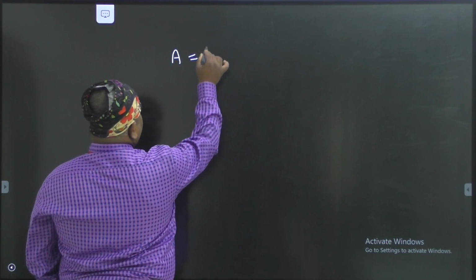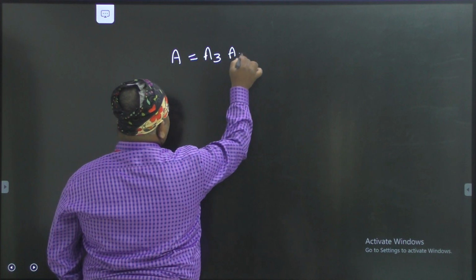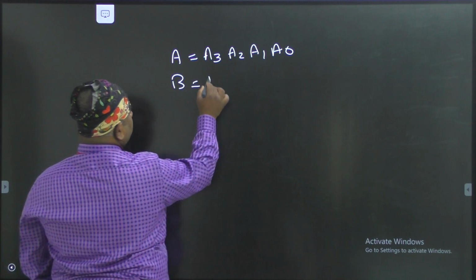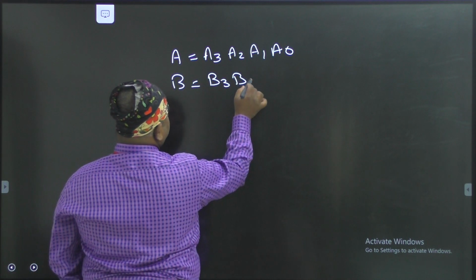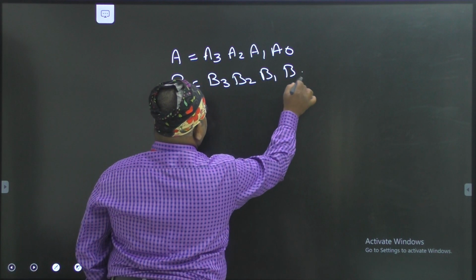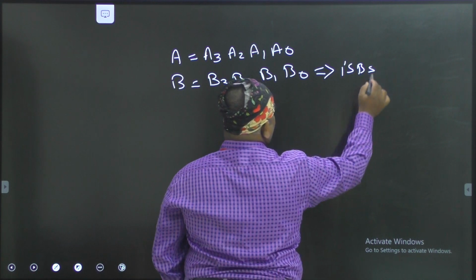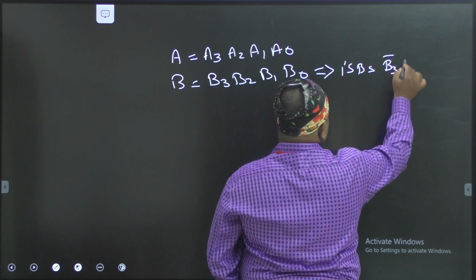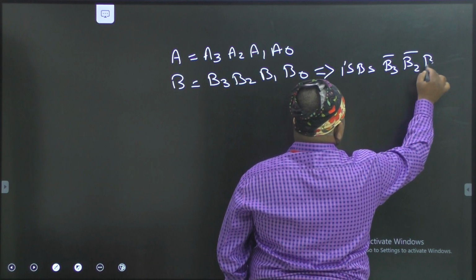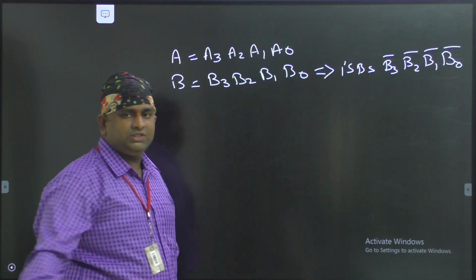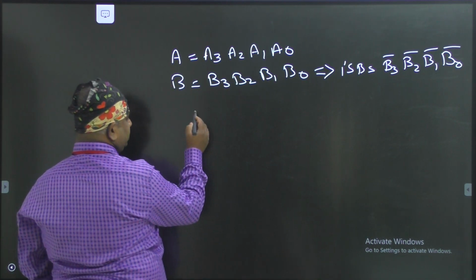A is equal to A3, A2, A1, A0. B is equal to B3, B2, B1, B0. Next, the 1's complement of B is equal to B3 bar, B2 bar, B1 bar and B0 bar. So this is the 1's complement of B, right?